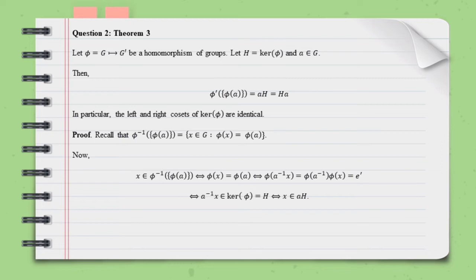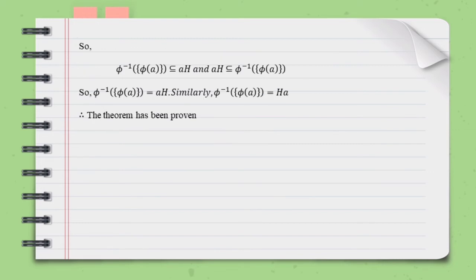To prove the theorem, recall that phi inverse of phi(a) equals the set of x element of G such that phi(x) equals phi(a). Now, x element of phi inverse of phi(a) if and only if phi(x) equals phi(a), if and only if phi(a) inverse phi(x) equals identity, if and only if a inverse x is an element of the kernel of phi equals H, if and only if x is an element of aH.